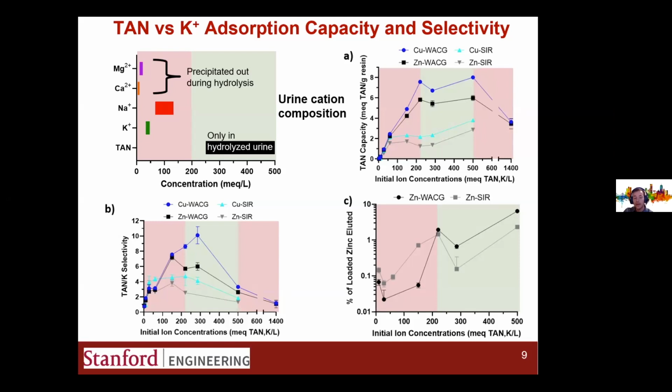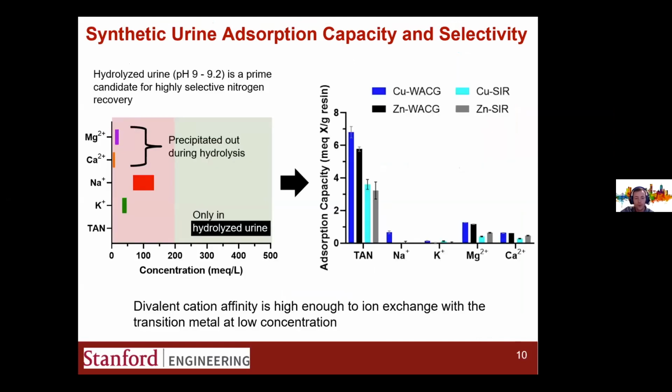Furthermore, the pH of hydrolyzed urine is in that optimal range as well, roughly 9 to 9.2, where this ligand exchange can occur. So to prove the usefulness in urine, we did adsorption with a solution that contained these urine level cation concentrations.